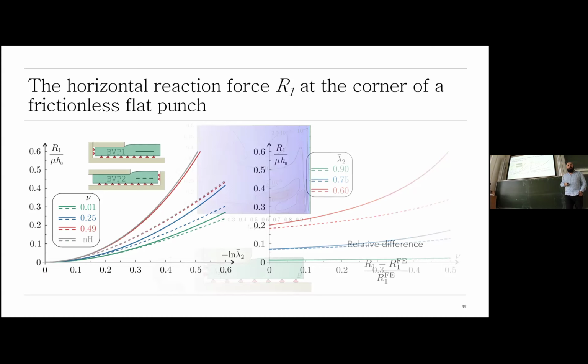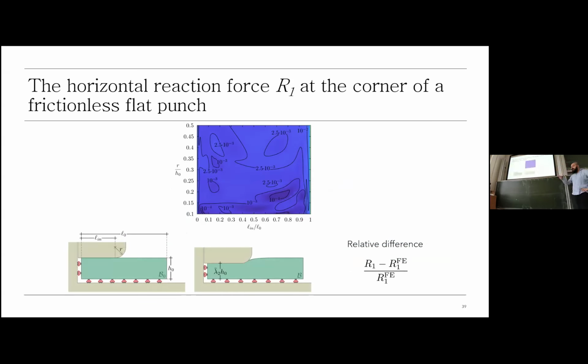Now, let us validate by finite element our R1 for BVP1. Here is reported as an example a contour plot, which is a bit messy, I guess. I don't know from your point of view, but this is a contour plot in which we report the error, the relative difference between the semi-analytical and the finite element R1, where on the horizontal axis we have L over L0, which is a parameter which defines the position of the constraint when compared to the undeformed length of the sample.